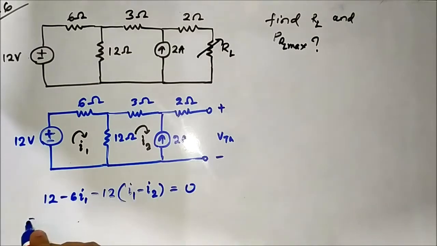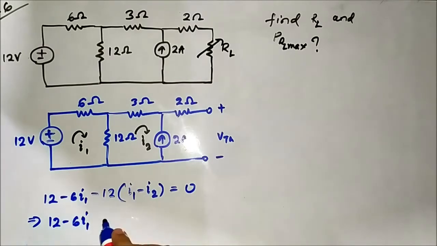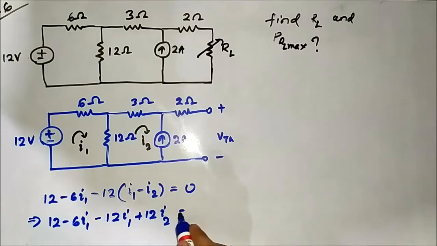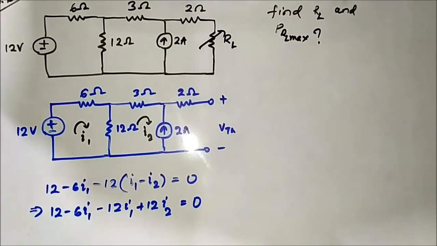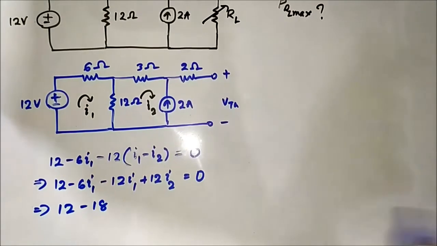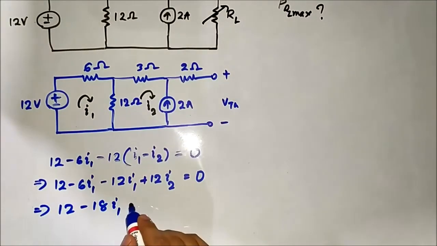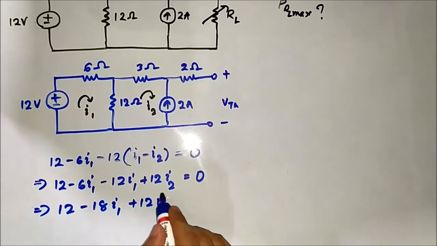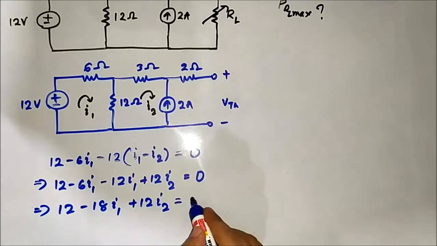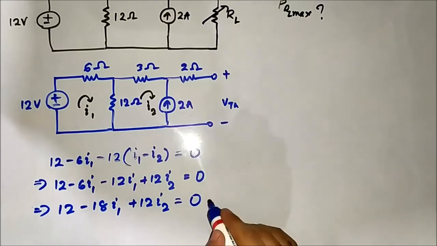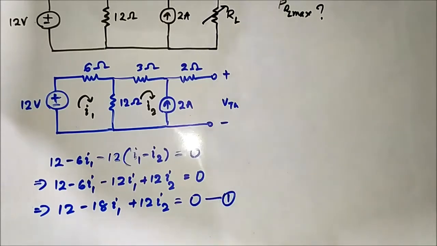Then it implies 12 minus 6 I1 minus 12 I1 plus 12 I2 is equal to 0, or that implies 12 minus 18 I1 plus 12 I2 is equal to 0. This is the first important equation.